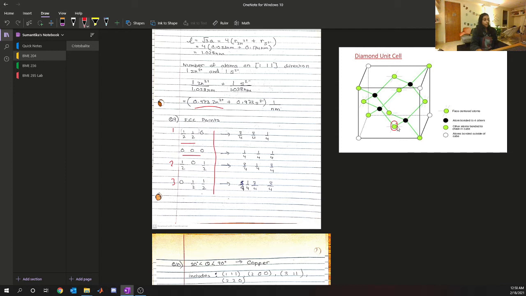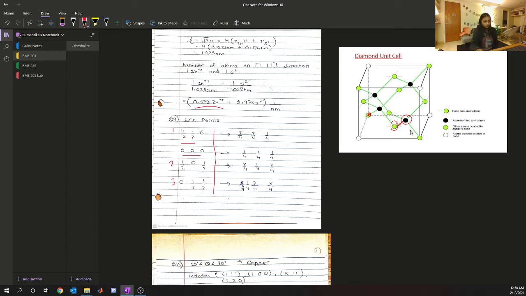And we're going to find the closest atom here that is bonded to 4 other atoms. And that would be, still considering this as our origin, 0, 0, 0, 3/4 in the x direction, 3/4 in the y, and 1/4 in the z.